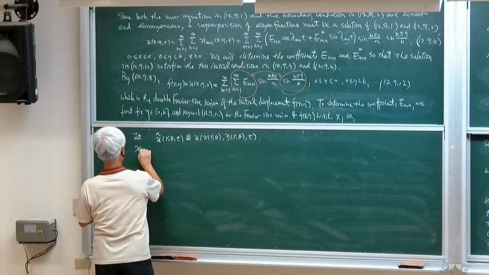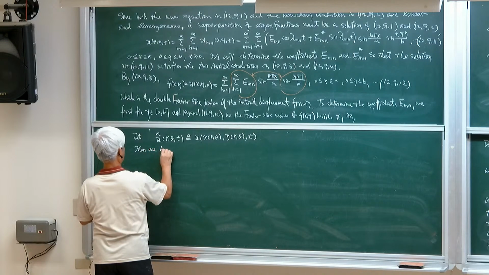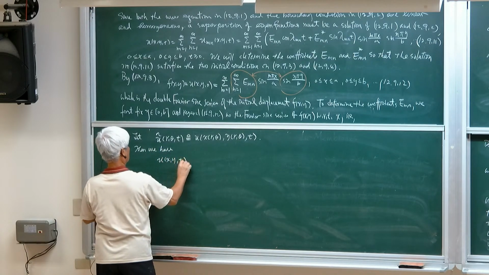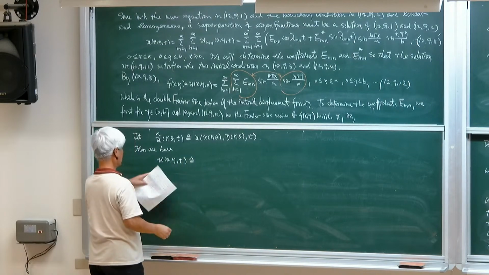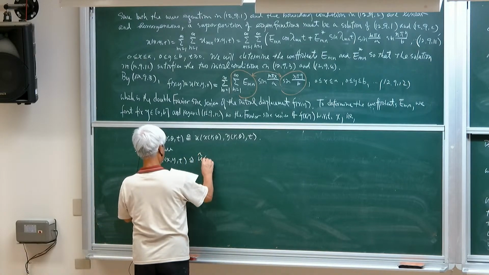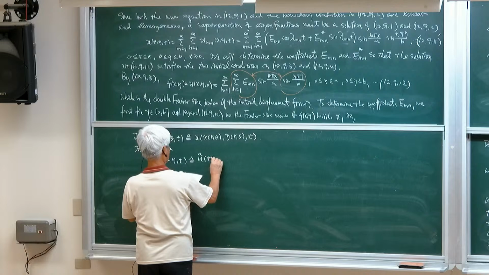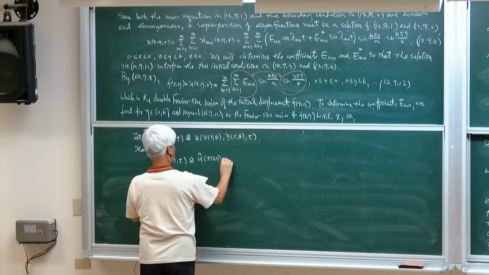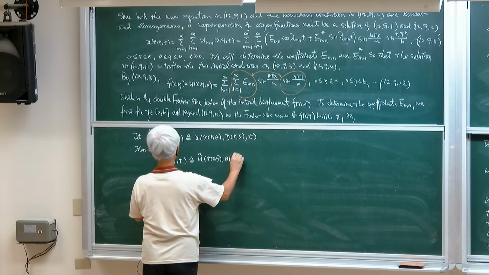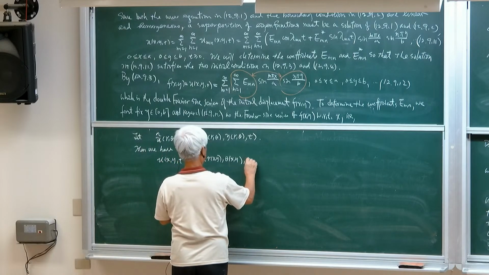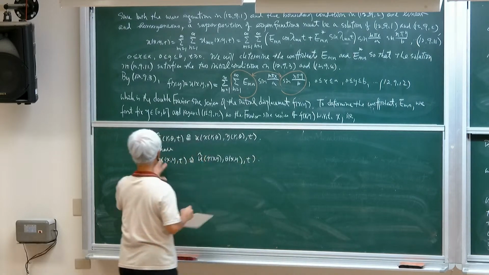Then we can return back from u to u tilde, with r(x,y) and theta(x,y) and t here. Okay, so we have this one.